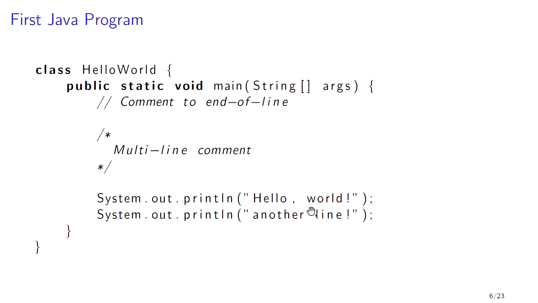Way down here, the obvious thing is it says hello world, so that's where we print it out. And it says println, or print line. It prints and finishes the line, so we can't add anything after that line on the display. Then we do another print line, and we just give it the text, another line.